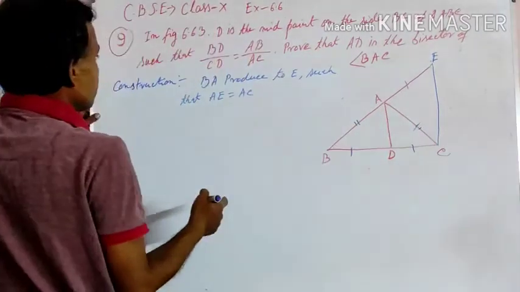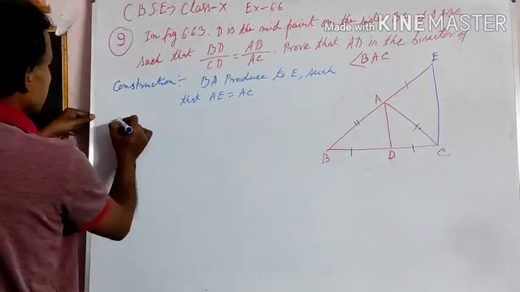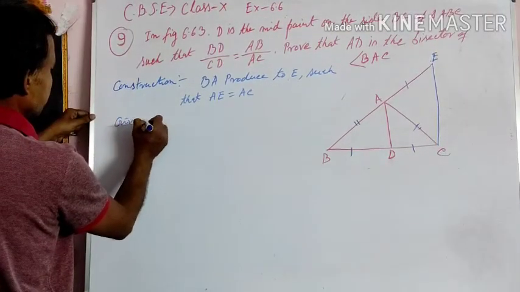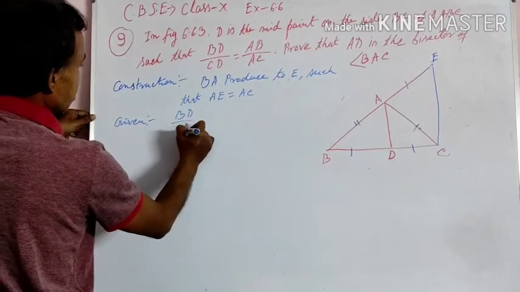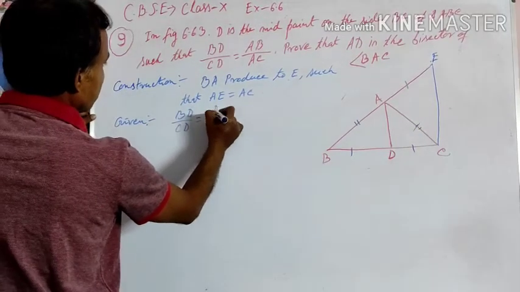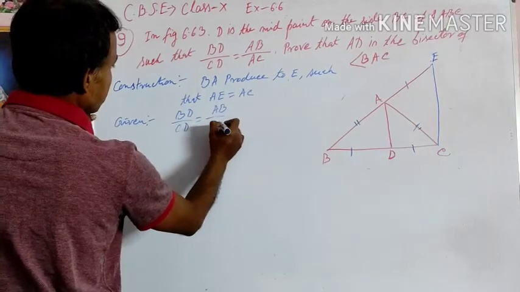Now given, BD by CD is equal to AB by AC.